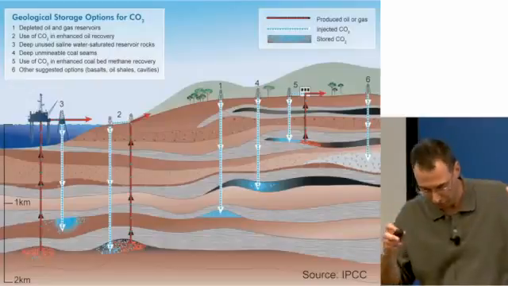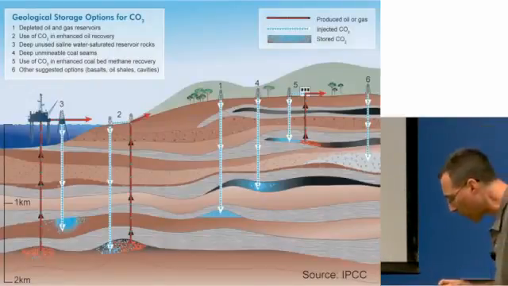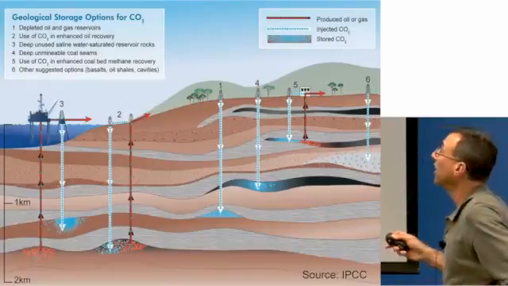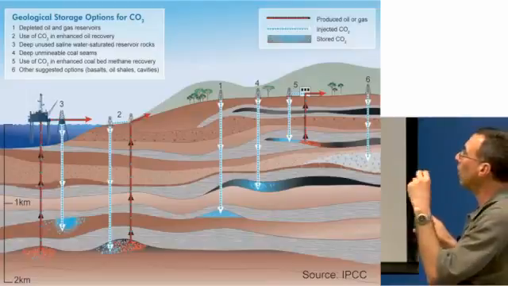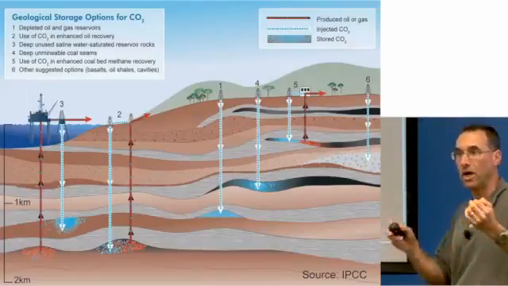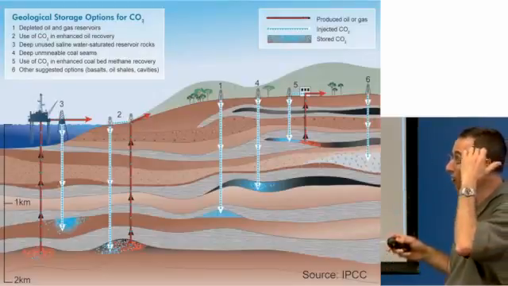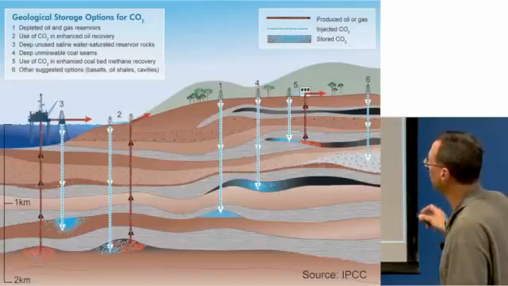Okay, so now the CO2's been captured, it's been pipelined. What do we do with it? Several possibilities, and this is a cartoon showing a few of them. One idea, and this will probably be used in some of the early CO2 storage operations, is to put it into depleted oil and gas reservoirs. That's shown over here.